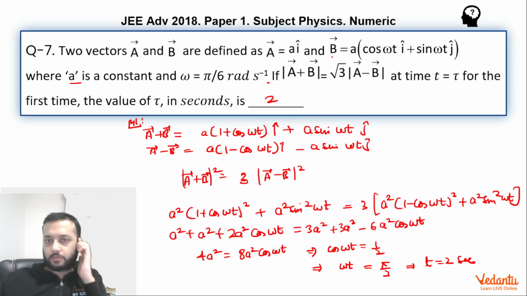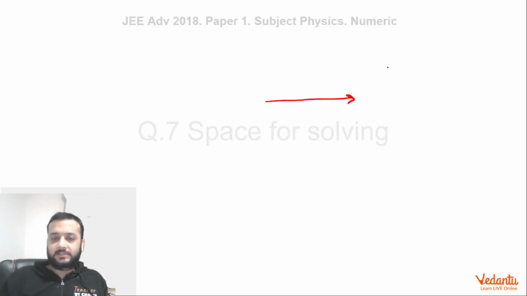However, B vector is rotating at a constant angular velocity of omega and its magnitude is a. So at time 0, B vector was pointing along i cap. That means it was parallel to A vector, and it starts rotating in the anti-clockwise direction. Let's assume omega to be positive in the anti-clockwise direction.